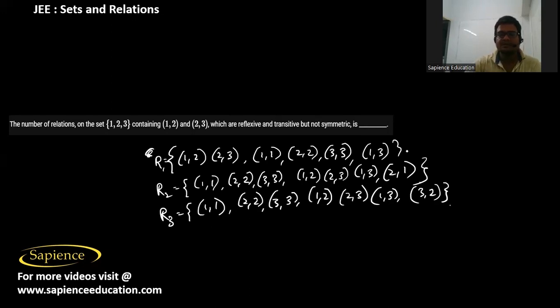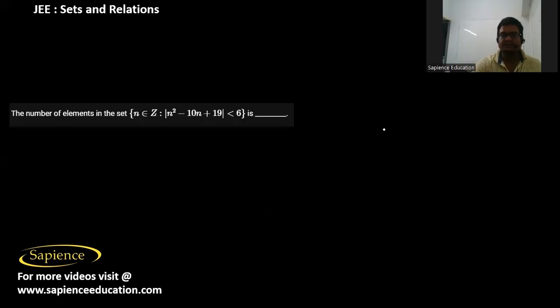So it is also not symmetric since (1, 2) is there, but (2, 1) is not there. So these are the three relations we can have. So 3 is the correct answer.